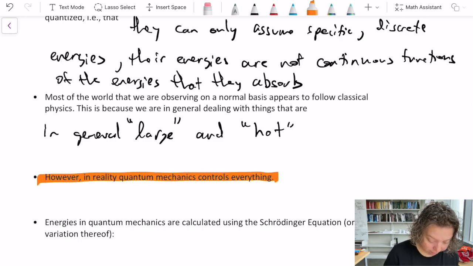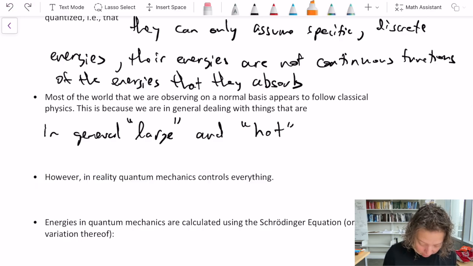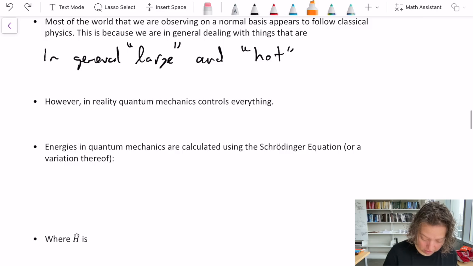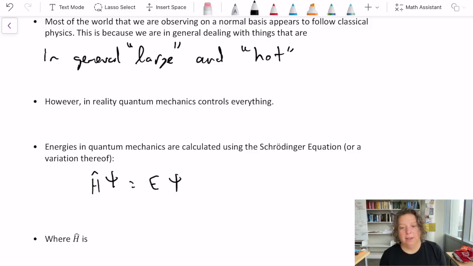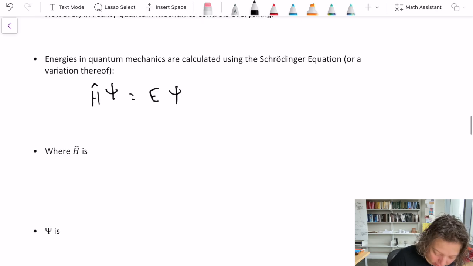So, okay, the energies in quantum mechanics are calculated using the Schrödinger equation or a variation thereof. I'm not going to get too into that, but we probably know what that looks like. That's going to be your Hψ = Eψ. H is the Hamiltonian operator.